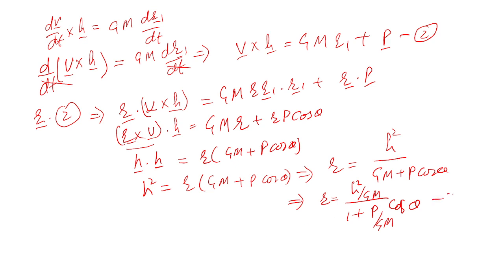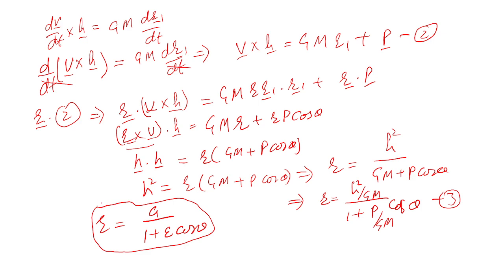Let's say this is equation 3. Comparing this with equation 4, R is equal to A over 1 plus eccentricity cos theta. Okay, this is the polar form of the conic section, for different values of epsilon. If epsilon is 1, it is a parabola.